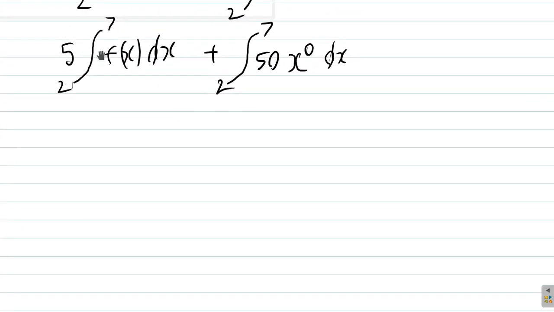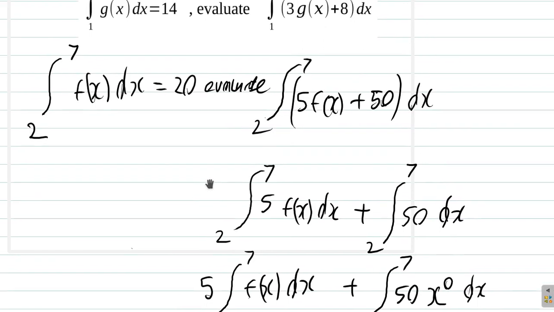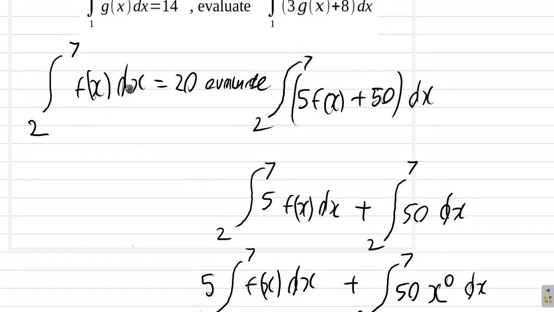Now, here, you have 5 times the integral from 2 to 7 of f of x dx. Notice here, we were told that the integral from 2 to 7 of f of x dx is 20.